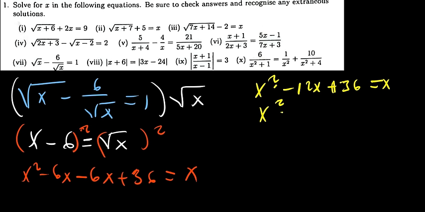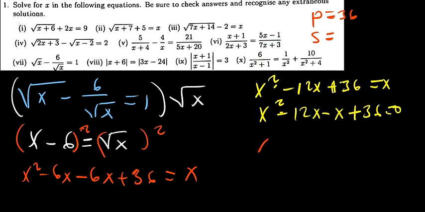We'll have x squared minus 12x minus x plus 36 is equal to 0. That is a quadratic equation. Let's see. The product is 36. The sum, now I've not finished. So it will be negative 13x plus 36 is equal to 0.